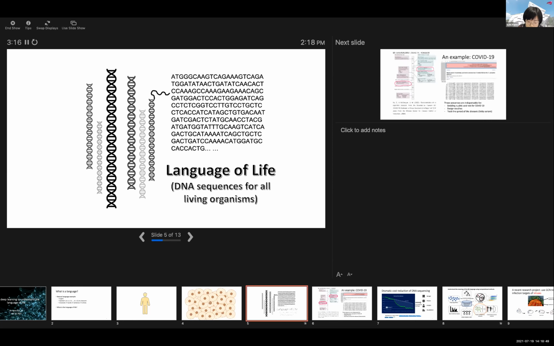Essentially, they are the DNA sequences of all the biological entities on the planet. Not only humans, but many other animals and even microbes all have their genetic materials or DNA sequences.